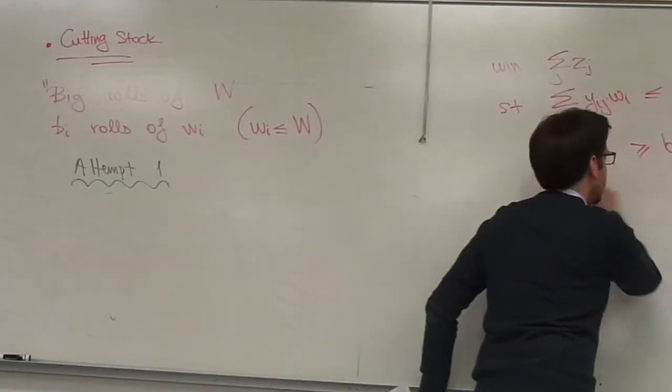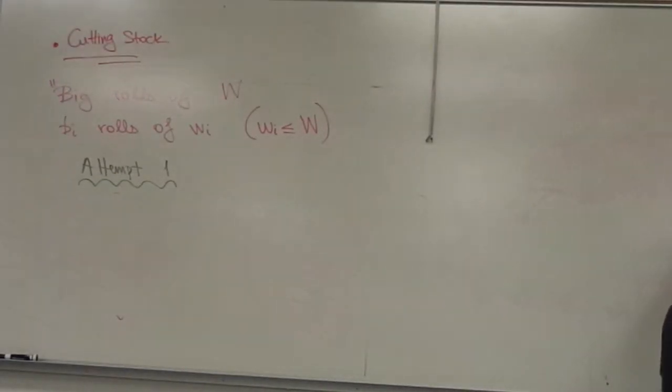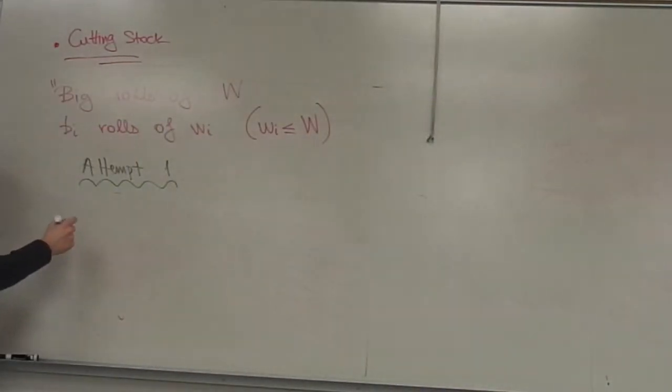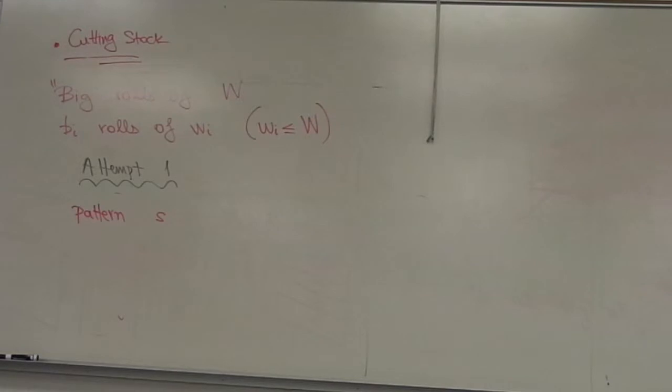Okay. So let's take a look at introducing a new type of variable. And that new type of variable is going to need us to define a pattern S. This is attempt 2.